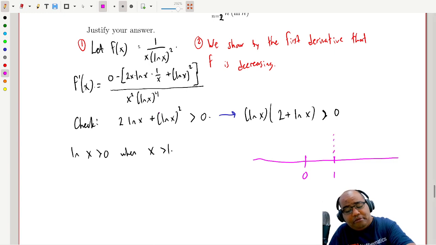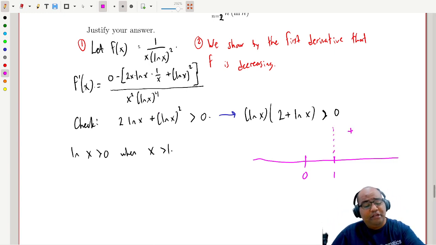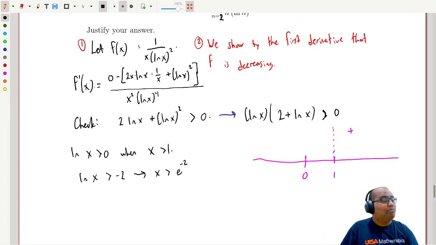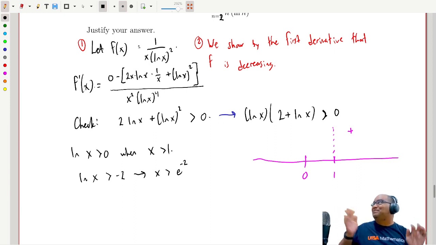So we have 1 there. So I know that that's plus. But what about the other factor here? We have 2 plus log x is greater than 0, which we can write as log x is greater than negative 2. That means that x has to be greater than e to the minus 2, which is a relatively small number.